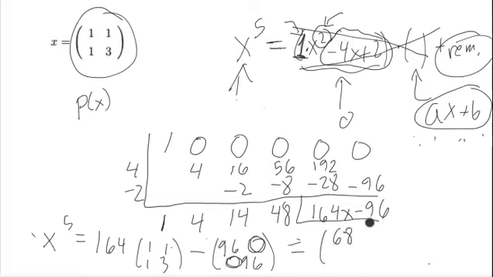And then we have 164, and see, 164 times 3 would give us 492, and then we subtract off 96, and we'll end up with 396. Aha, we just took this matrix and raised it to the 5th power, and that's what we got right there.